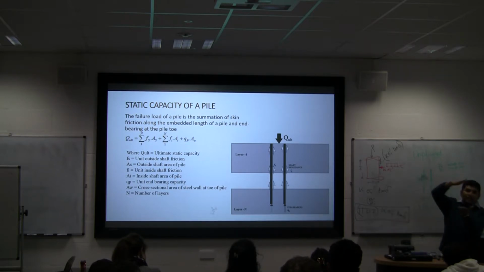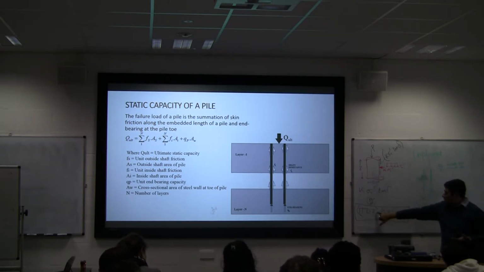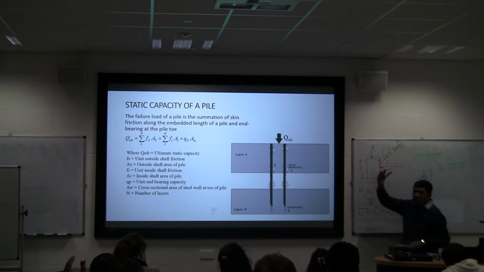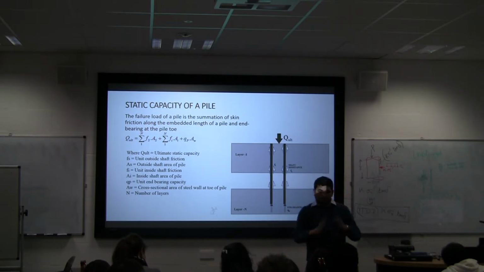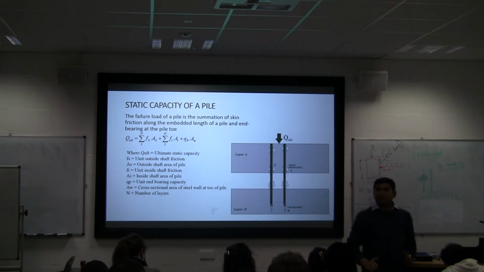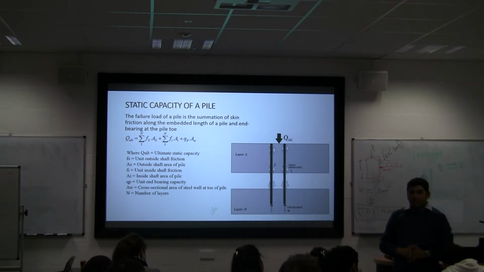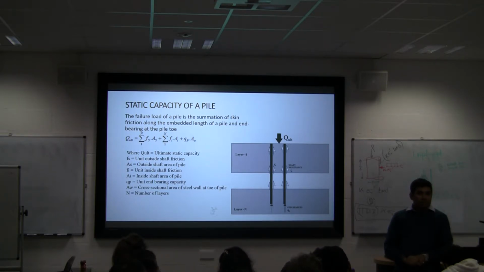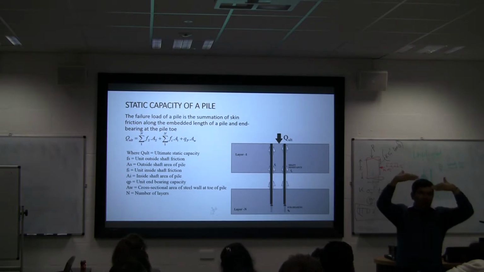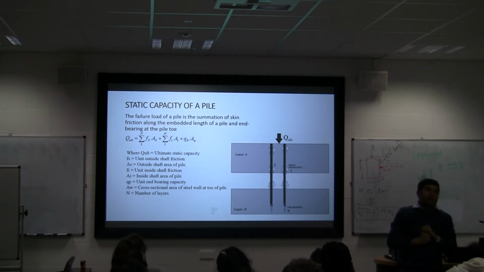We normally take a 1 meter element, so this z would be 1. So you sum up for all the different depths and get the total shaft friction. Then you add the end bearing part. It's important to make your mental model of what we are doing.